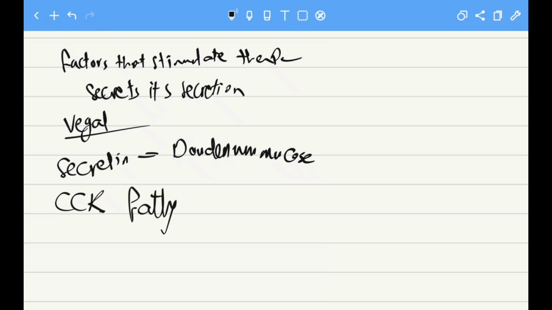It also can cause gallbladder contraction. And finally, gastrin.